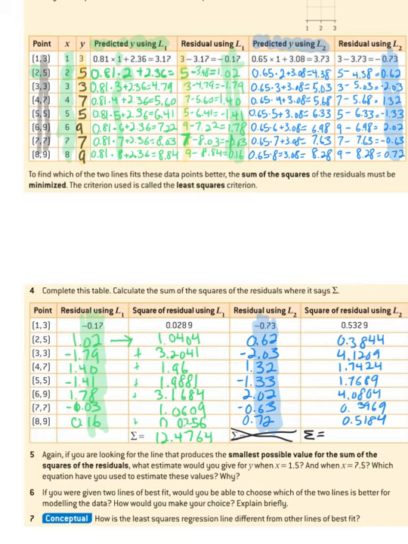0.2041 plus 1.96 plus 0.9881 plus 3.1684. So I got, oh, it looks like it should be 12.4456, so I'm a little off again.